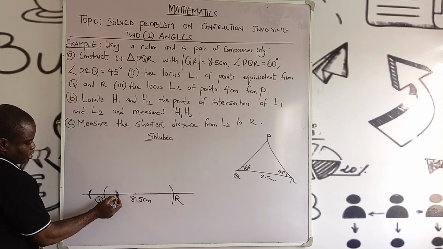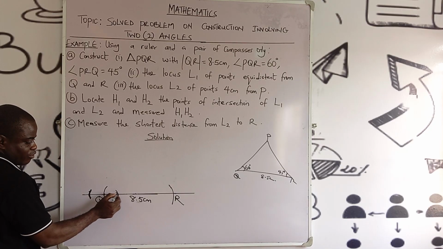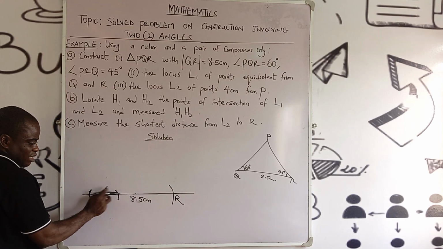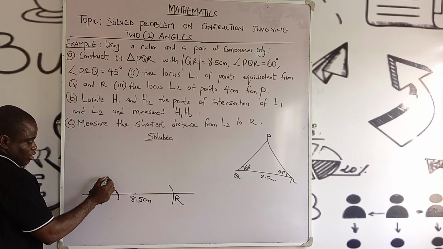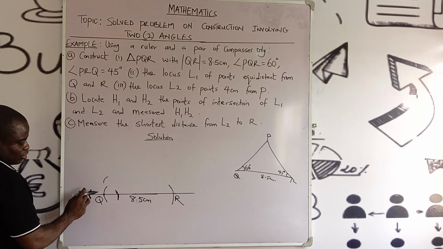You now put the pin mount here, bisect the same radius that you make from this point Q to this bisection. You expand it, put the pin mount here with the same radius, put the pin here, cut this side. Is that okay? And also put at this point, cut this side.